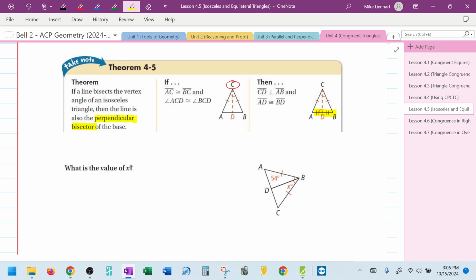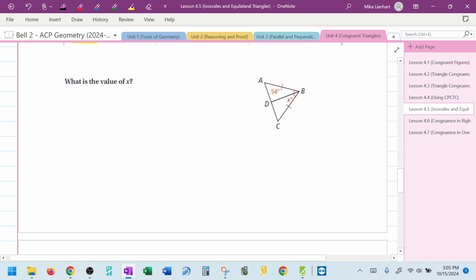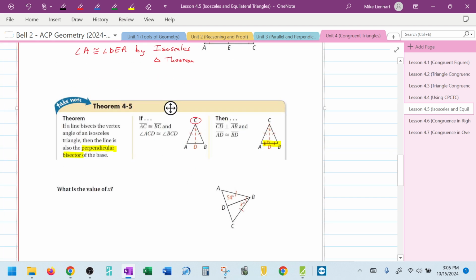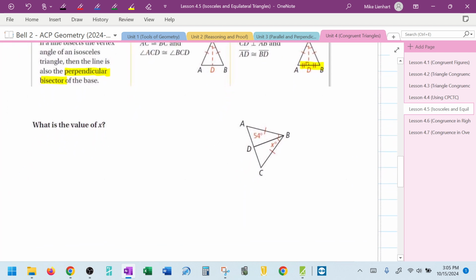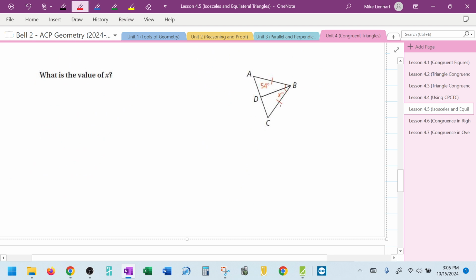Okay? Now, with that, let's take a look at this problem. So I see that this triangle is isosceles. Oh, sorry about that. I see that this triangle is isosceles. I know that because the two sides are congruent. I also know that this angle is 54, which means this angle is 54.